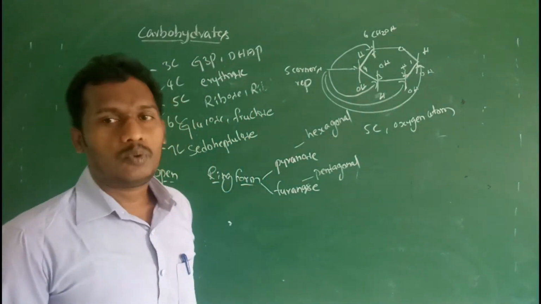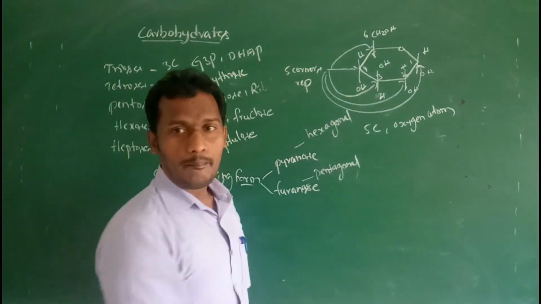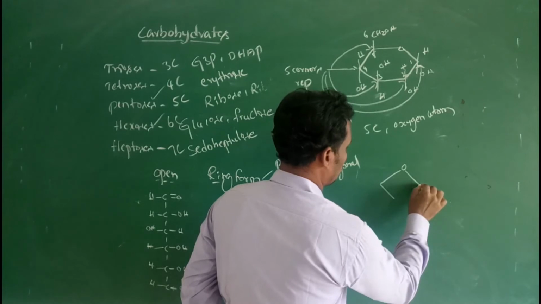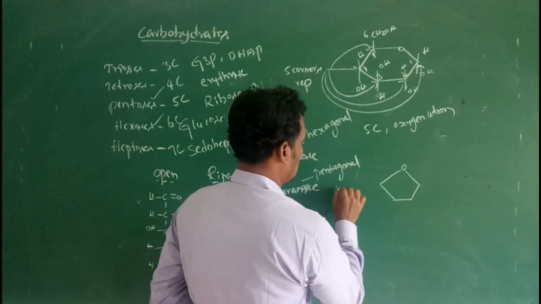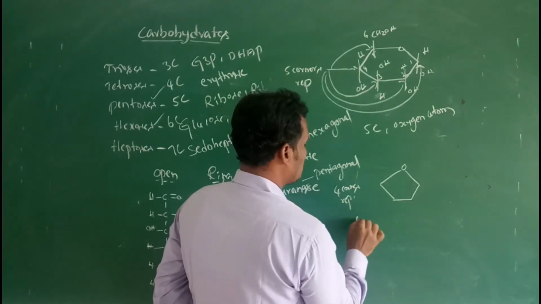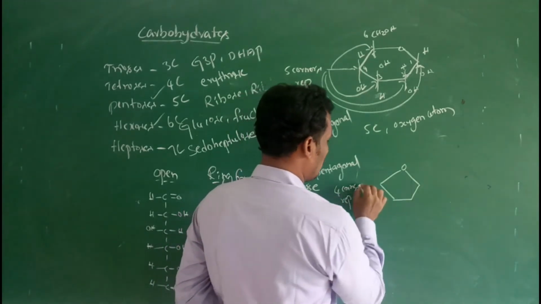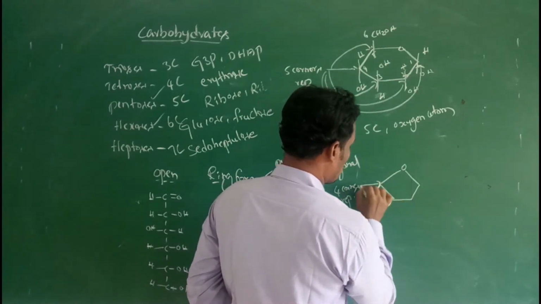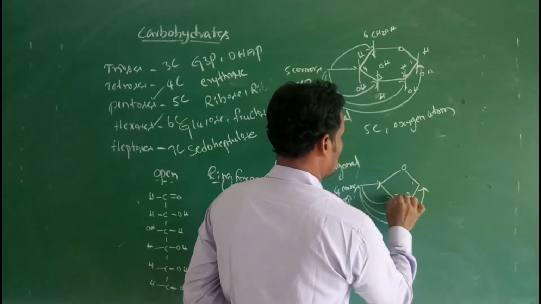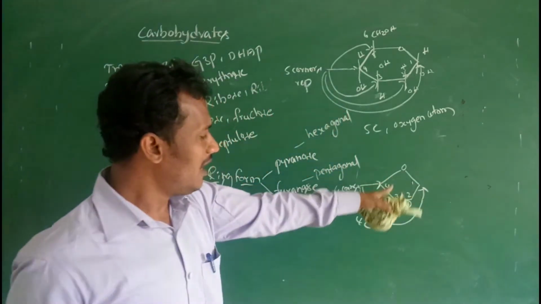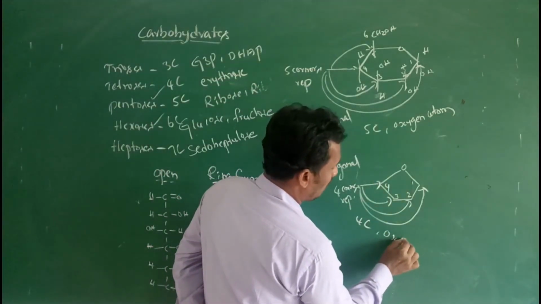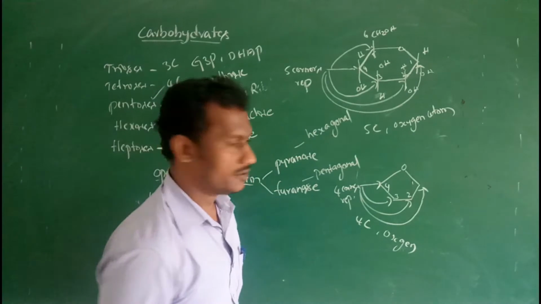Next one, furanose. This shows the pentagonal shape. The 4 corners represent 4 carbon atoms, then 1 oxygen atom.